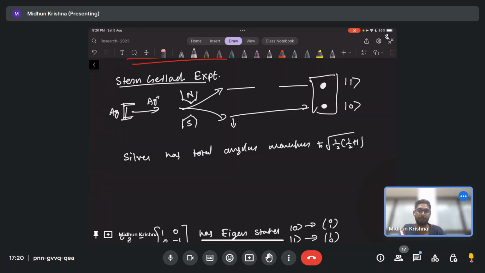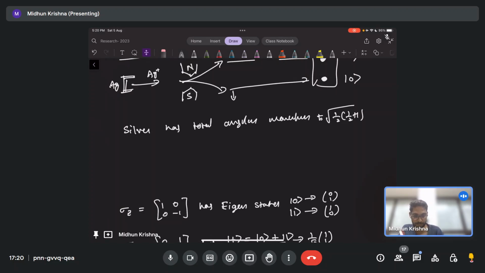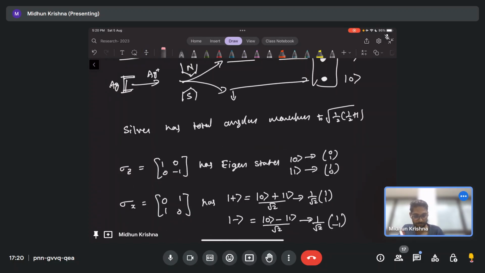So by doing this association, I can describe the system. Since these are spins, spin has angular momentum, right? So how do I describe the angular momentum of the system? These are described by what are called Pauli matrices. The angular momentum along the z direction is given by the Pauli Z matrix, which has this form here.